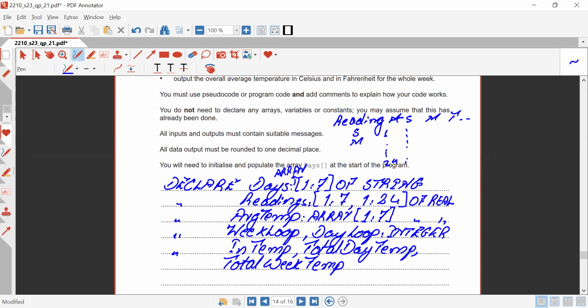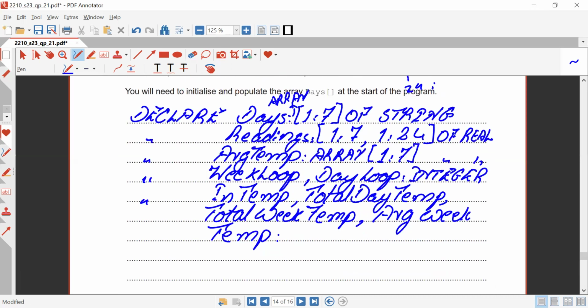Total day temperature is done, total week temperature is done, and then we need to have an average week temperature as well. And all these will be in the form of real data type.